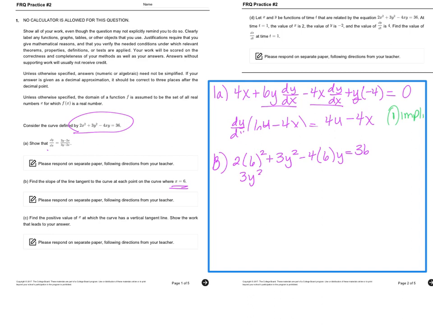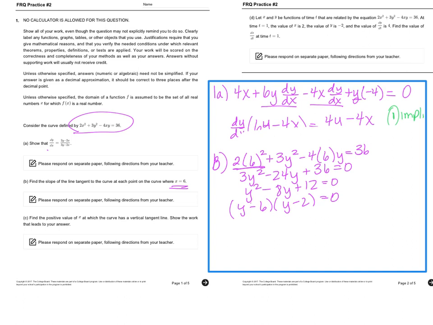I have 3y squared minus 24y, and I'm going to end up factoring, so I'm going to bring everything to the other side. This would actually be 72, but you're going to subtract the 36, so I end up with 36, and I'm going to divide by 3 to make my factoring easier. So y minus 6 and y minus 2 is equal to 0.